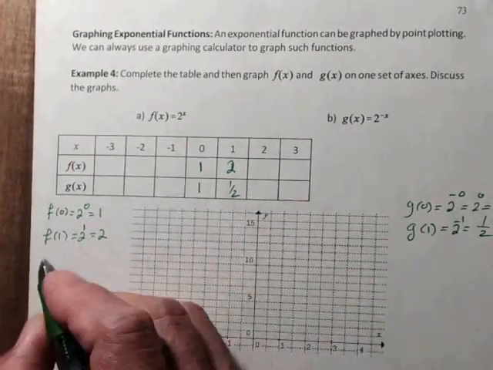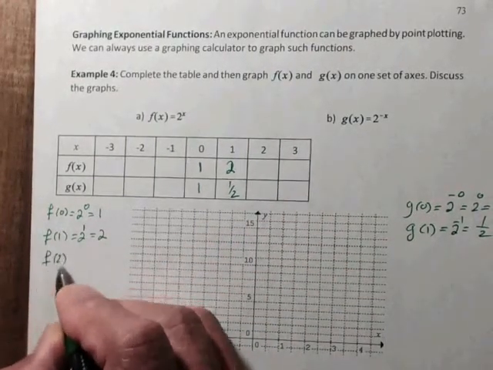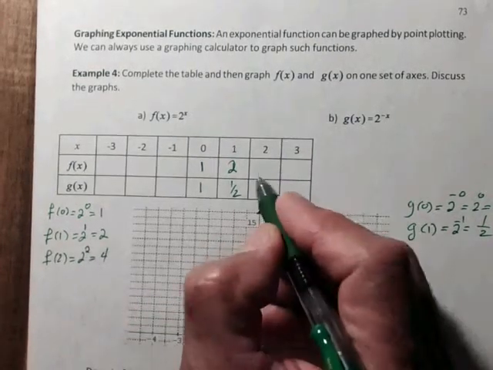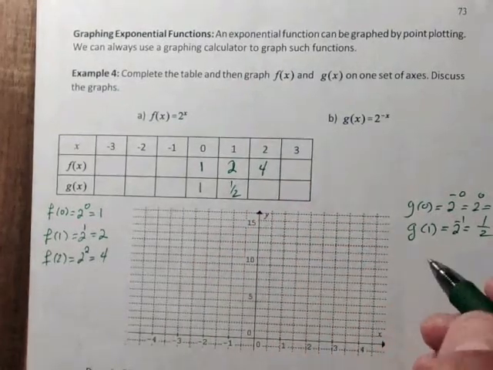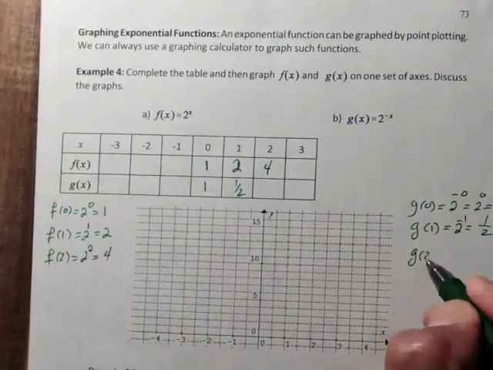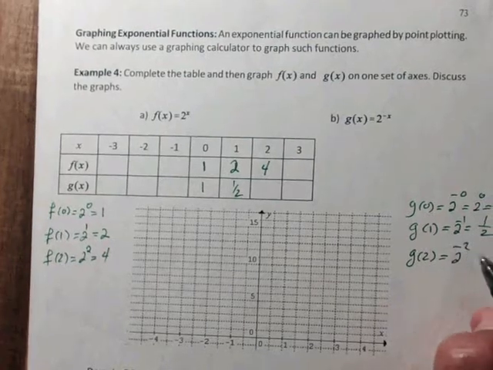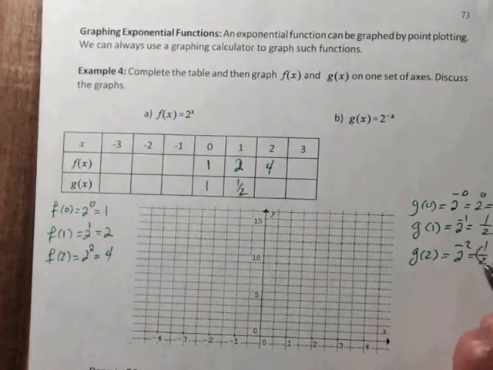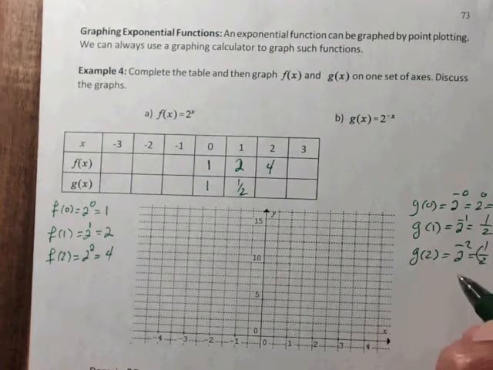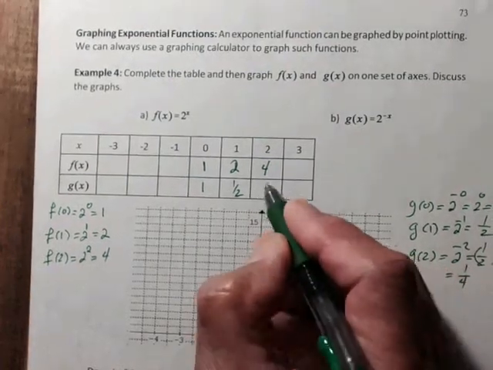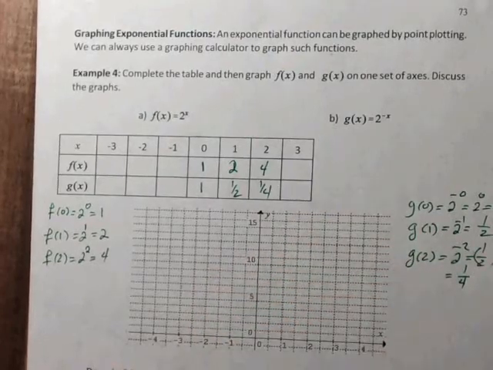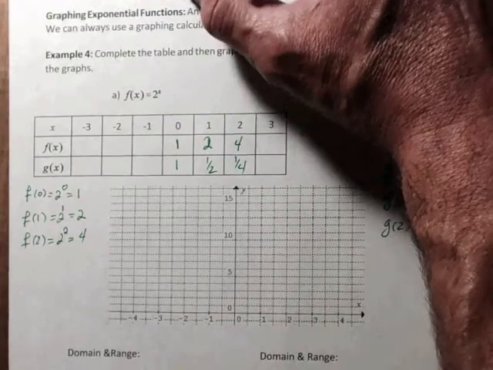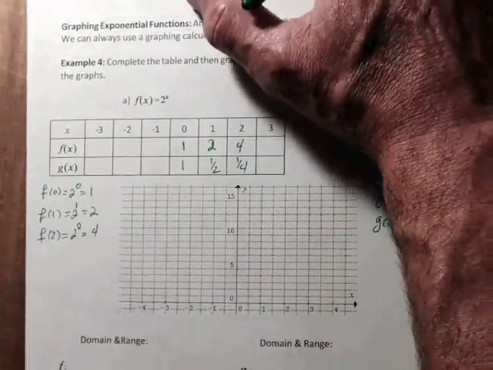Let's try 2. f of 2 is 2 to the power 2, which we all know is 4. And for g, g of 2 is 2 to the negative 2, which is 1/2 squared, which is 1/4. It's smaller so I can see both sides.